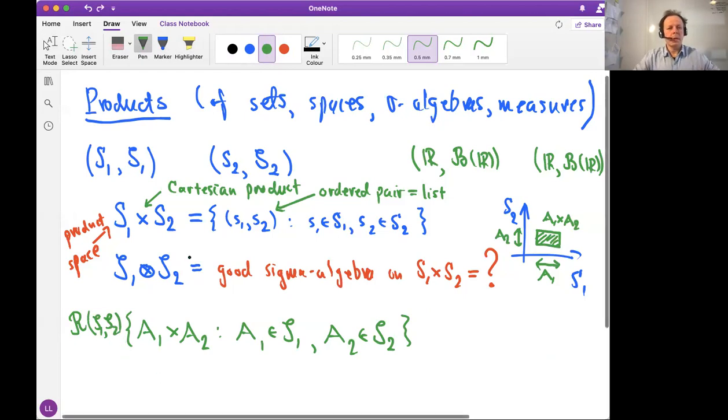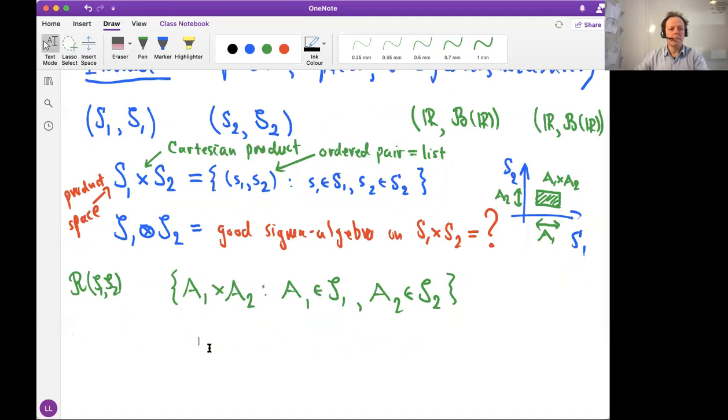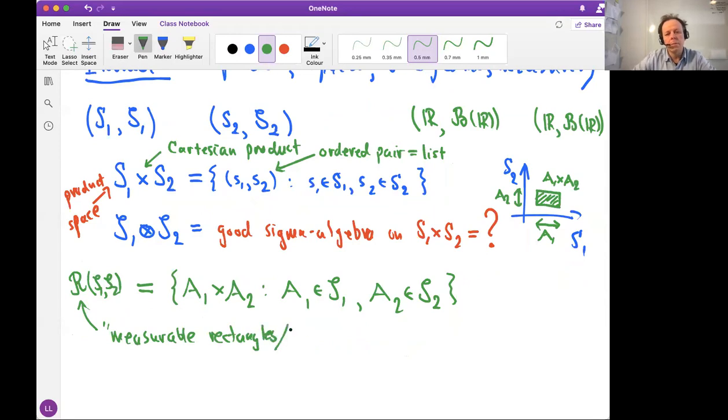So these are called measurable rectangles or boxes. So that's not a good sigma algebra.